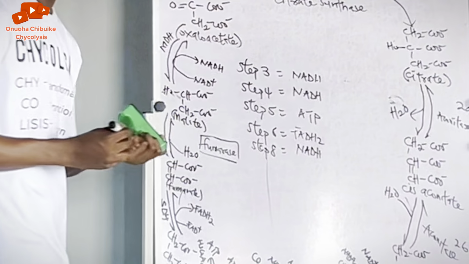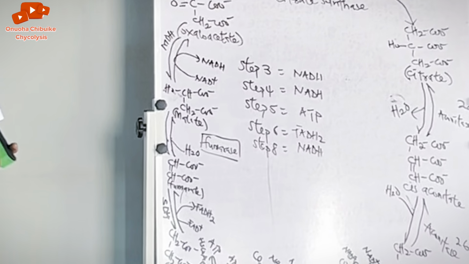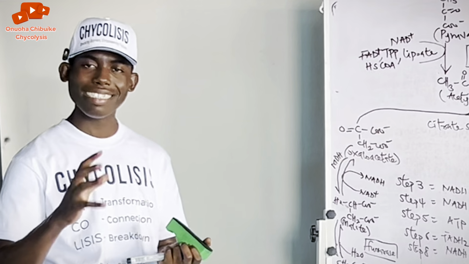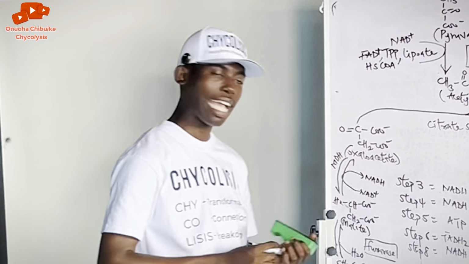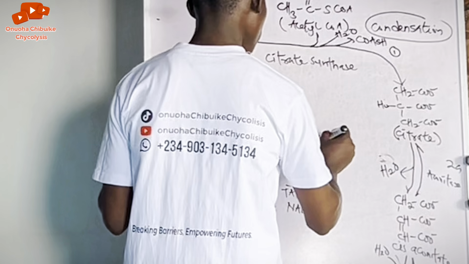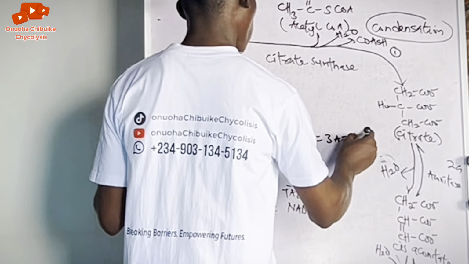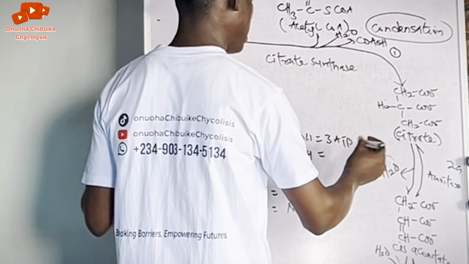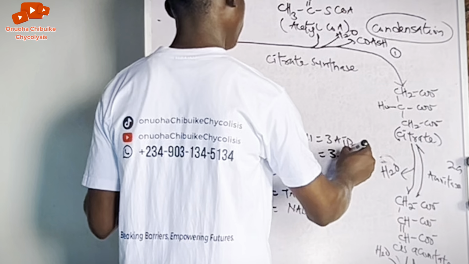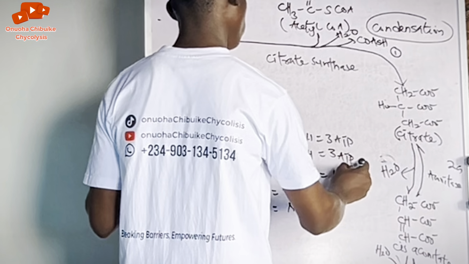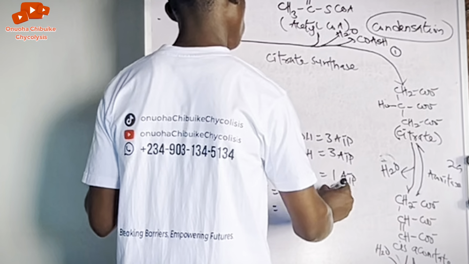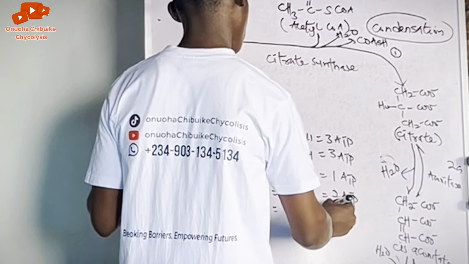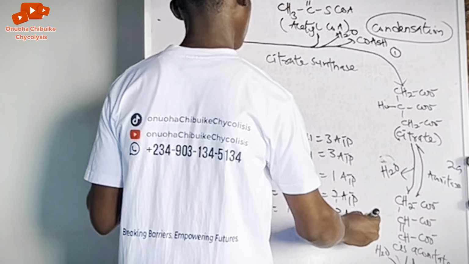And NADH is equivalent to approximately 3 ATP in the electron transport chain, while FADH2 is equivalent to approximately 2 ATP in the electron transport chain. So we have 3 ATP, 3 ATP, 3 ATP, then 2 ATP, then 1 ATP.